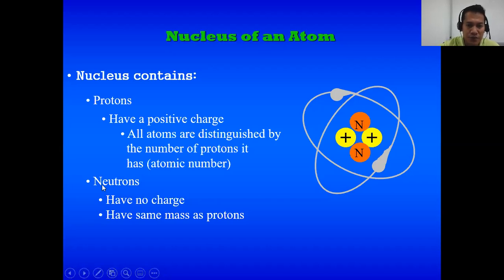Okay, let's talk about the neutron. Neutrons have no charge; they're neutral, and have the same mass as protons. You can find them inside the nucleus.